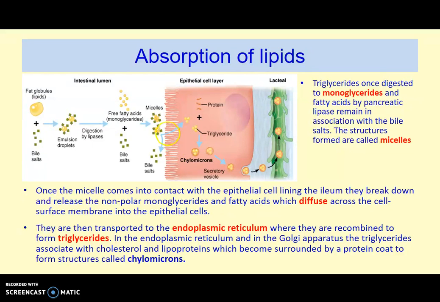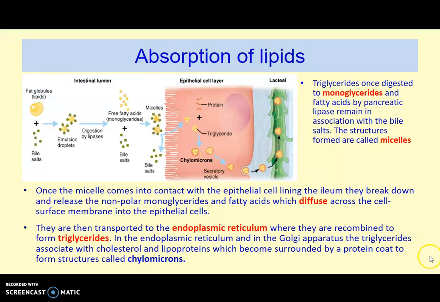They form these structures called chylomicrons, which are here. So we've had the micelles, which are the bile associated with those monoglycerides and fatty acids. The bile is removed. We then have simple diffusion where they're built up into triglycerides and then into chylomicrons.